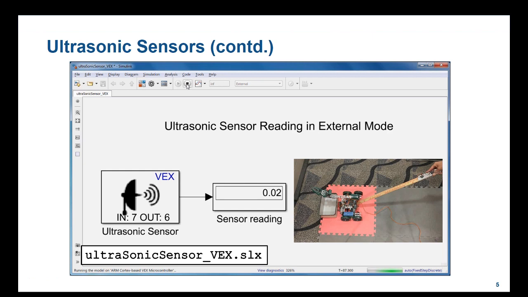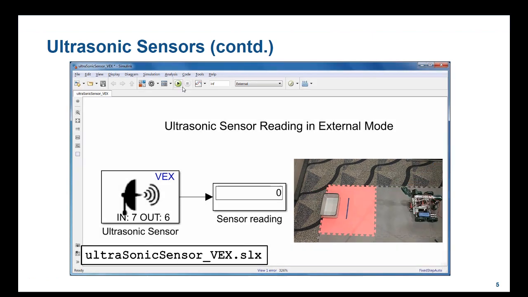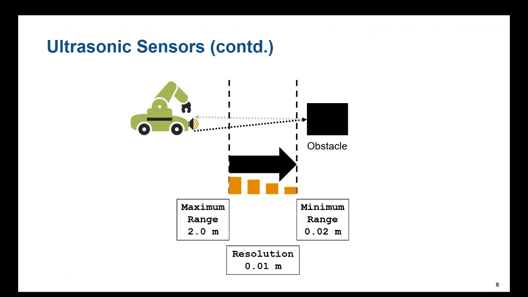This is also called the minimum range of the sensor. Let's note these values from the datasheet here. So the maximum range is 2 meters, the minimum range is 0.02 meters, and the resolution is 0.01 meters. These values were noted from the datasheet for the VEX platform.